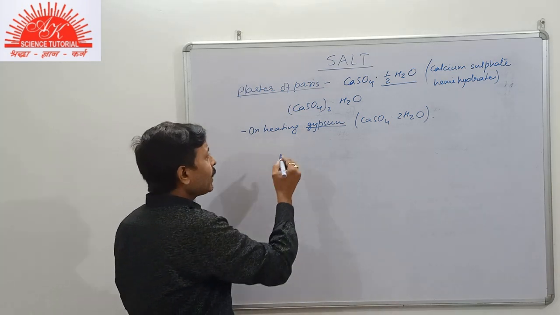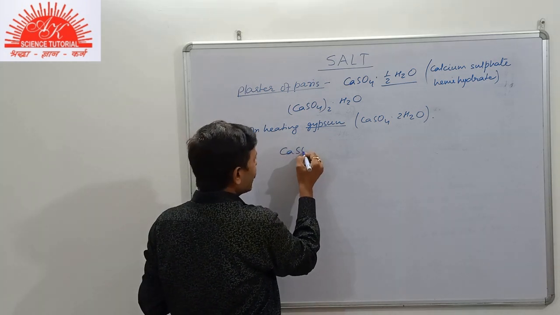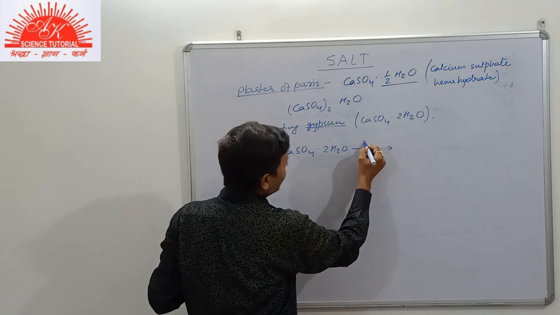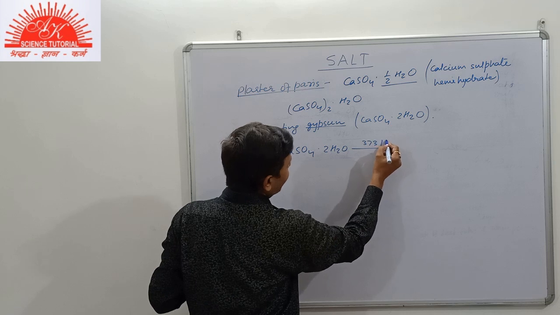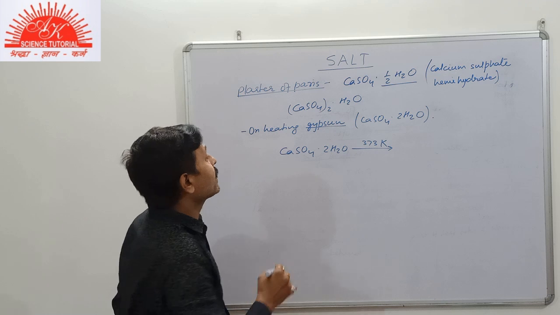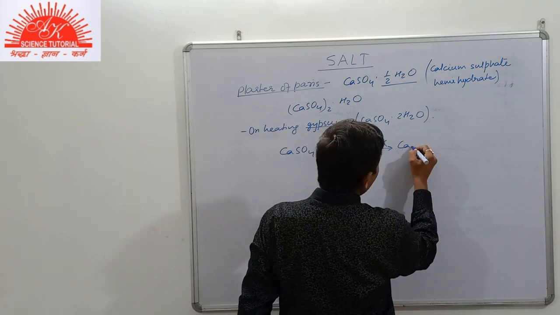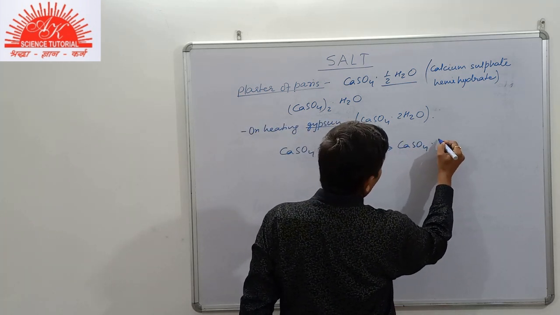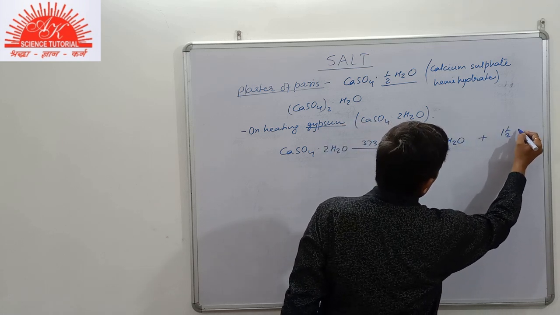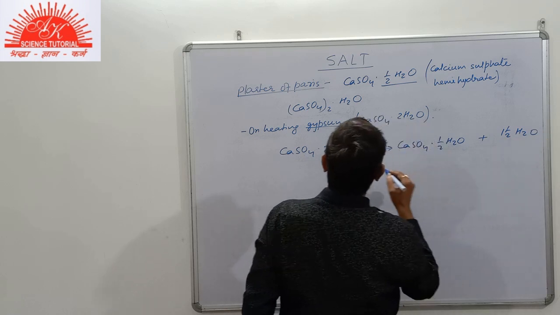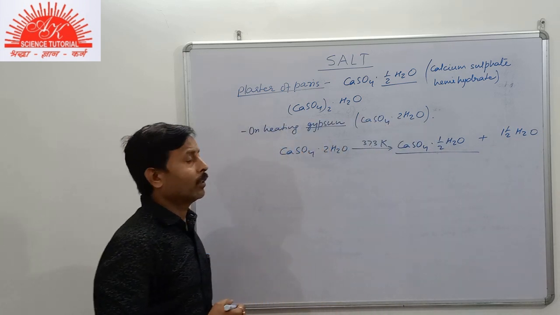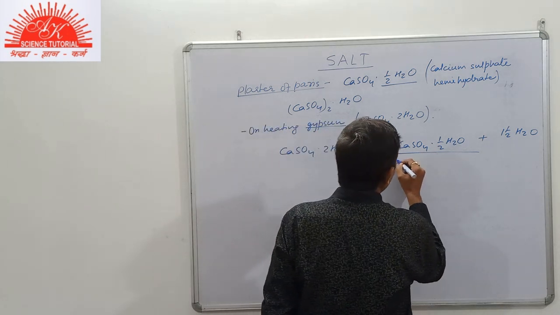When CaSO4 dot 2H2O is heated at 373 Kelvin, that is about 100 degrees Celsius, it loses 1.5 water molecules per molecule of gypsum, and then this compound is formed. This is white powder.